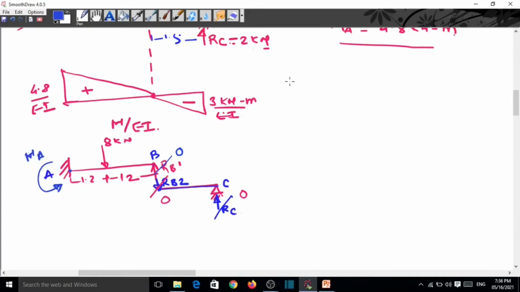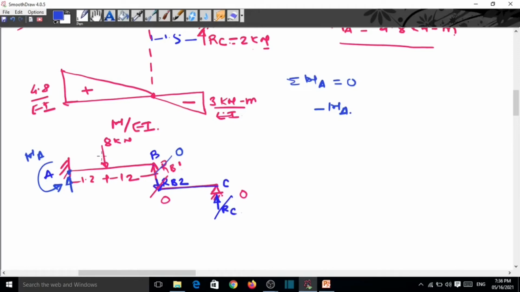If you take sigma MA equal to 0, this is minus MA. Here we are taking moment at A, so this becomes 0.